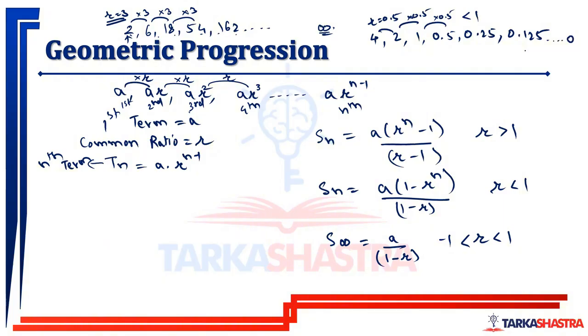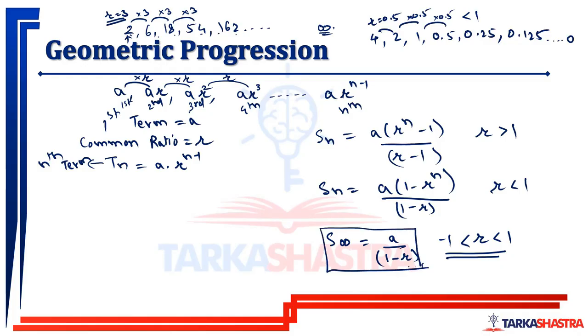Now, as it is approaching 0, we can take the sum of infinite terms, because the infinite term will be 0 itself. And that is why only for this range of r, we can find the sum of infinite terms.